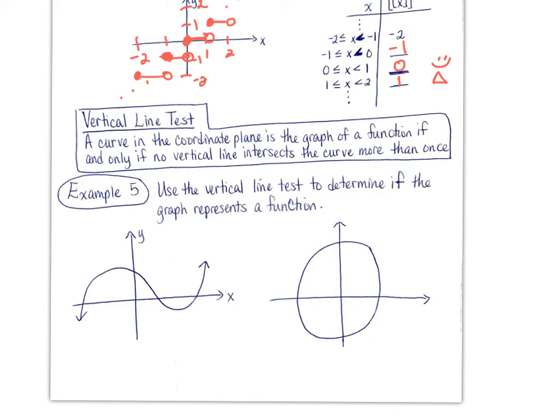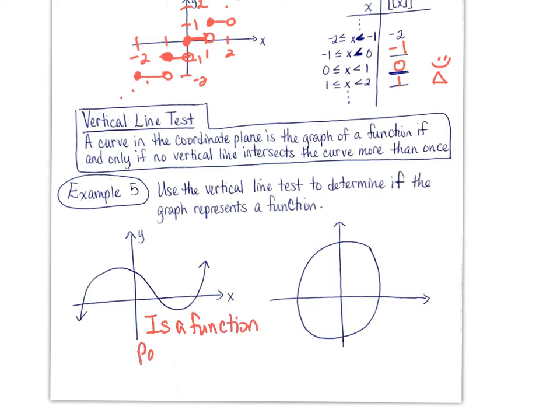So if we take a vertical line and move this vertical line across here, does it touch this curve in more than one point? No, it does not. So that means that this passes the vertical line test, and we get that this example is a function.